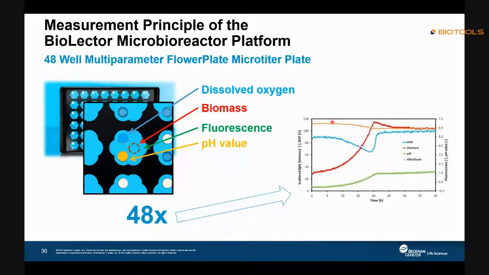And how about the pH value? It will drop a little bit, so maybe something has already been produced inside the solution. And we can also see the fluorescence, which has more or less the same trend as the biomass, increasing. So this is the way we can help you keep real-time data to see exactly the reflection of your fermentation.